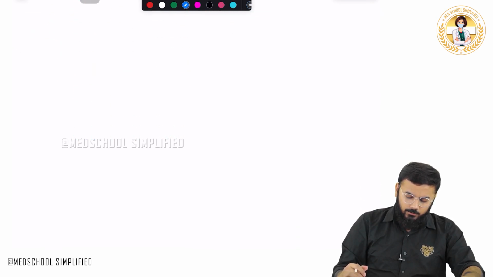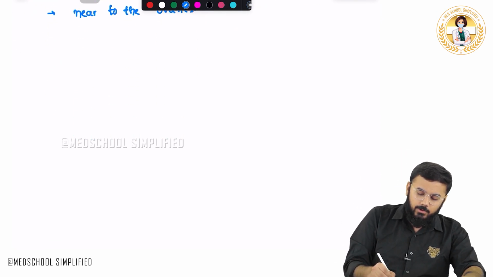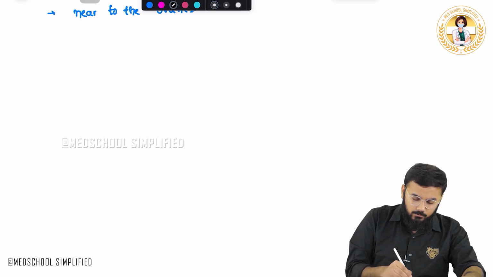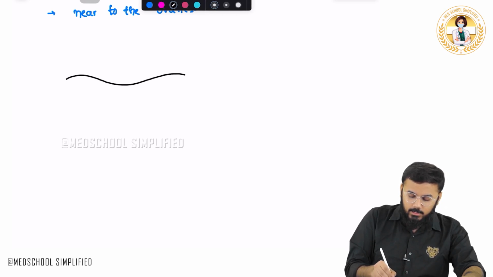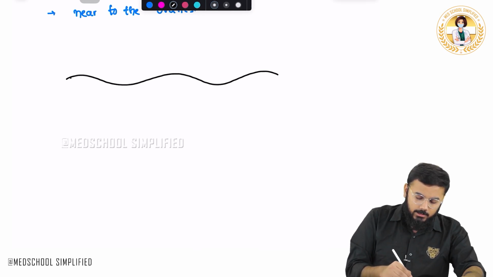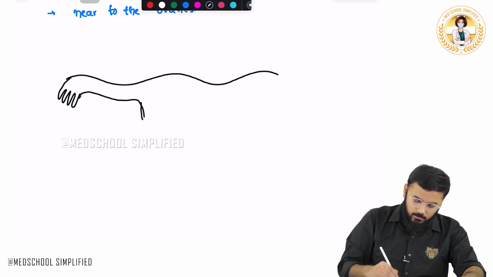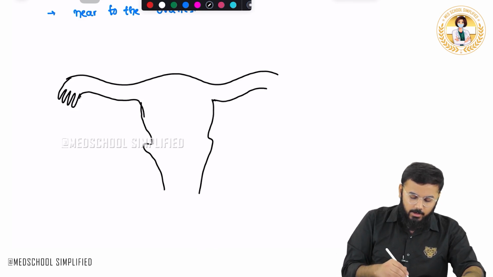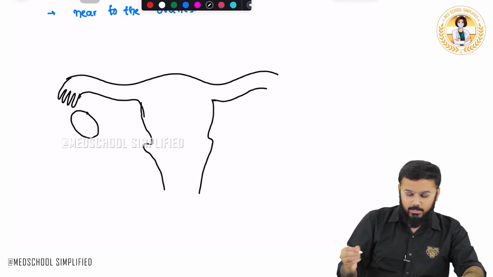Now first of all, let us look at the fallopian tube. Let us say that these structures which I am drawing right now are your fallopian tubes. Here you have your ovaries like this.